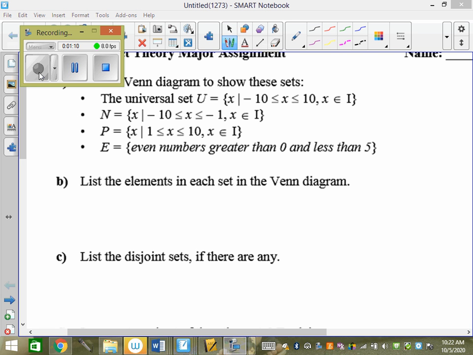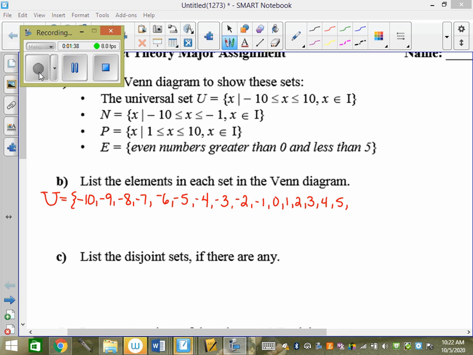So we're going to list the elements in each set first. The universal set starts at what number? Negative 10. Then -5, -4, -3, -2, -1, 1, 2, 3, 4, 5, 6, 7, 8, 9, 10.